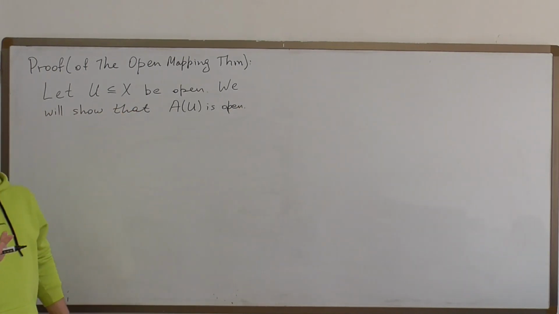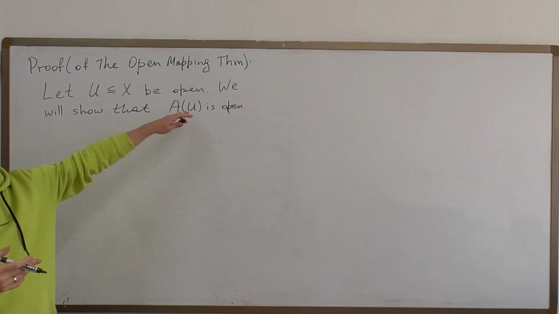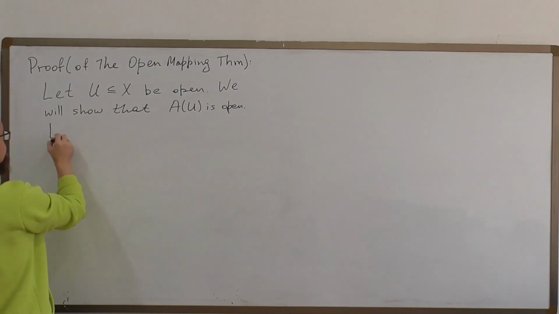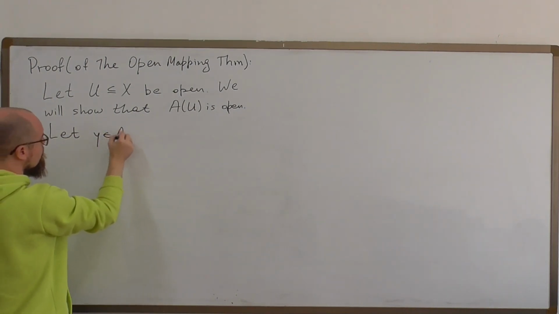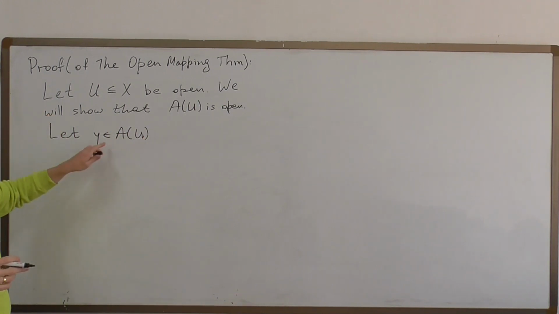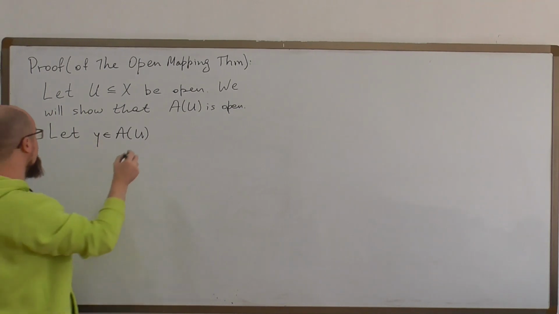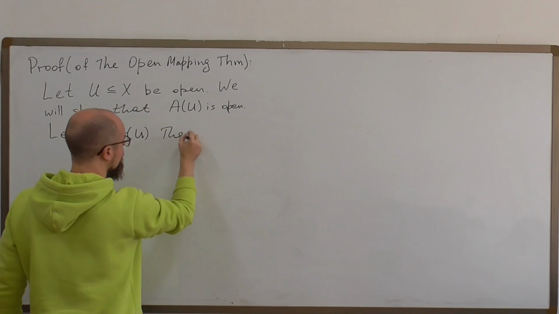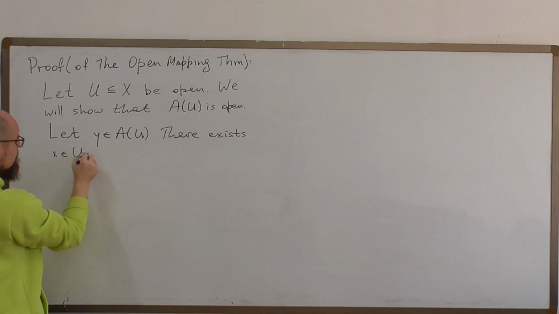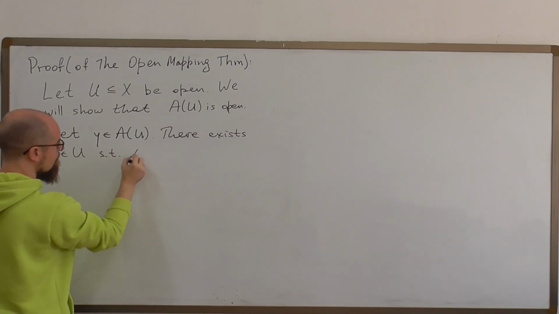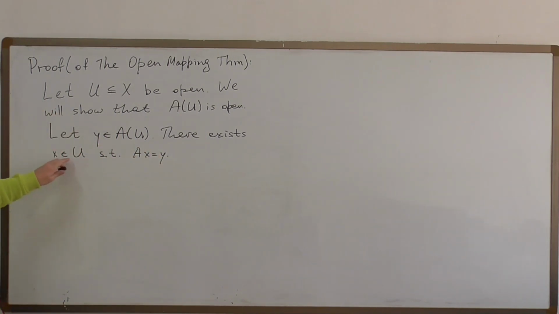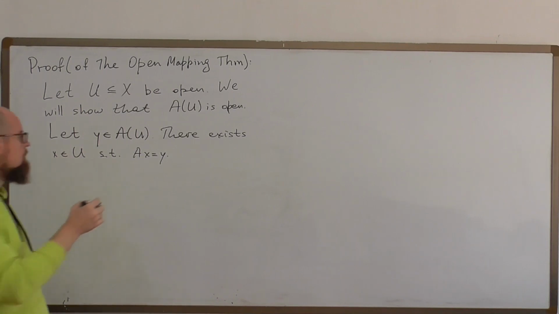So by definition of the open set, we will take a point from the set A of U and show that it belongs to A of U together with some ball around it. Since y belongs to the image, there exists x from U such that A of x equals y. And since U is open, then x belongs to U together with some neighborhood.